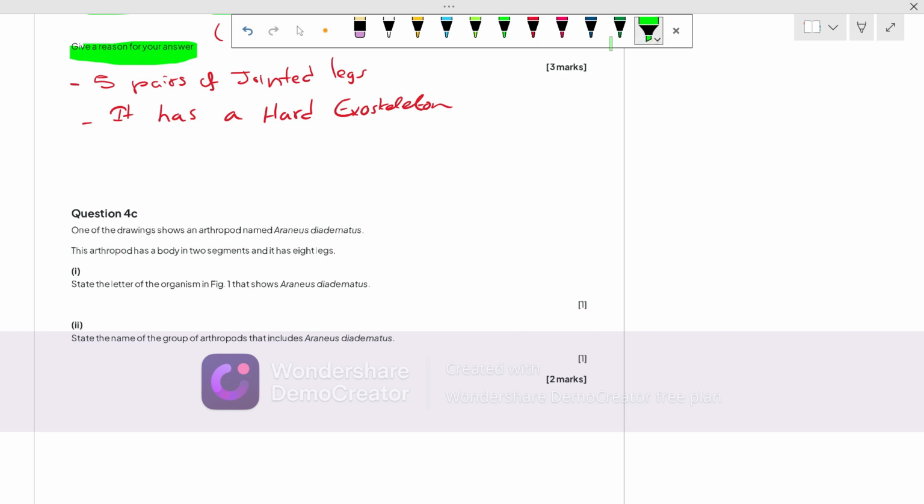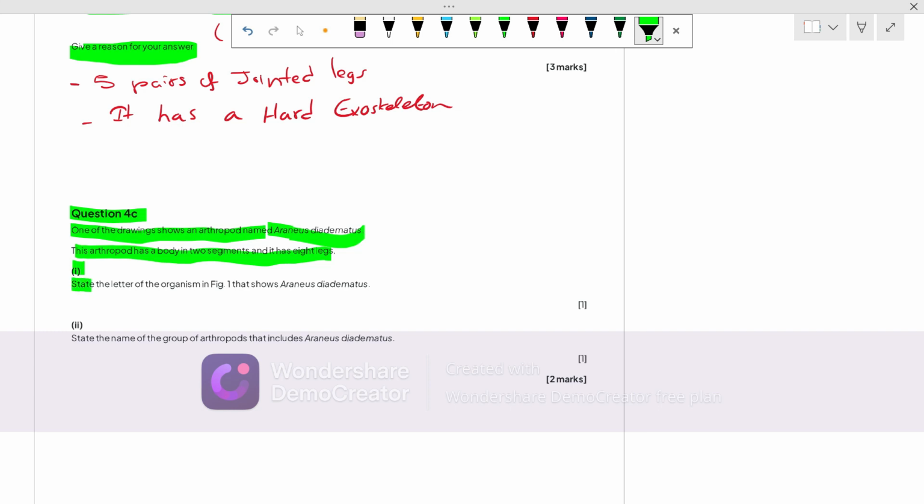Next question. Question 4C. One of the drawings shows an arthropod named Araneus diadematus. This arthropod has a body in 2 segments and it has 8 legs.